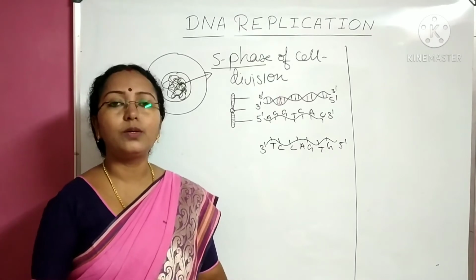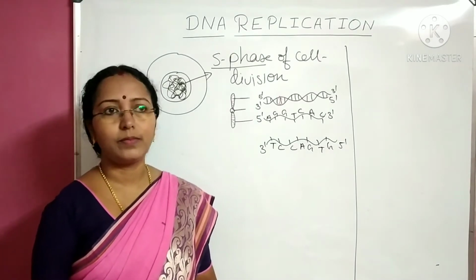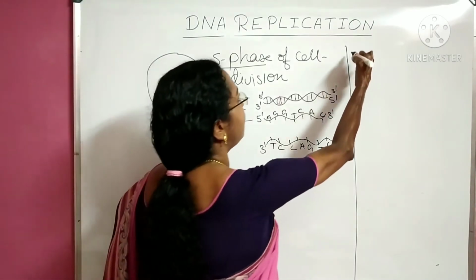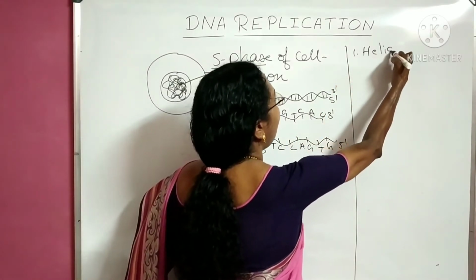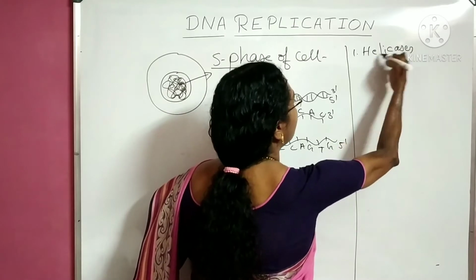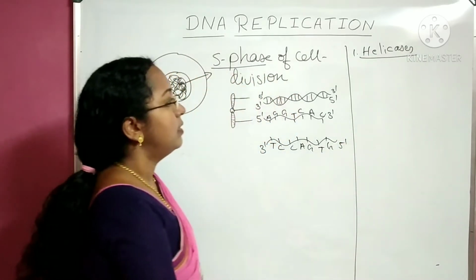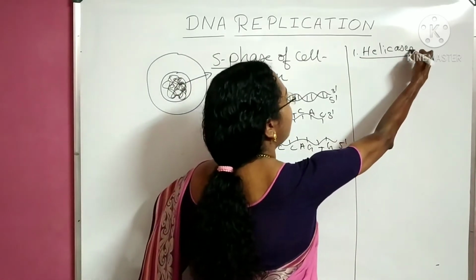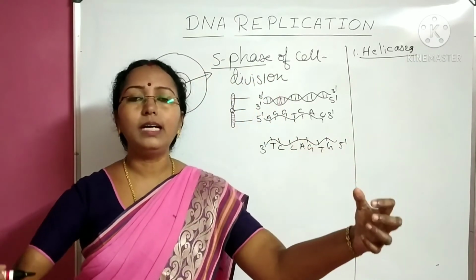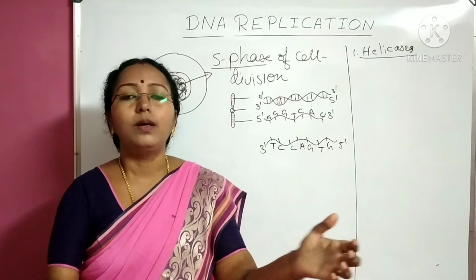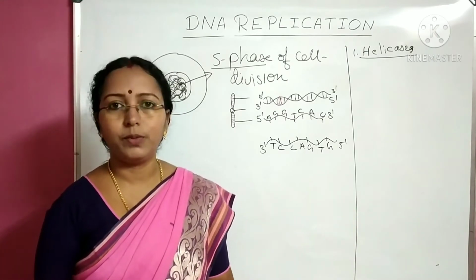Now there comes the role of the enzyme. So the first enzyme involved in DNA replication is helicases. See, from the word itself we can understand. It is unwinding the helix. How? By breaking the hydrogen bond.